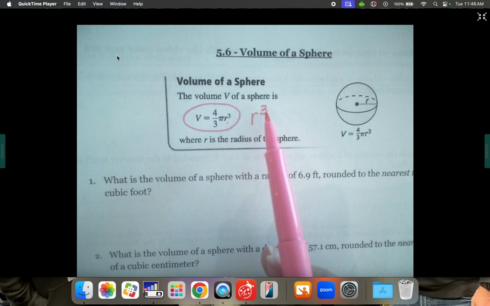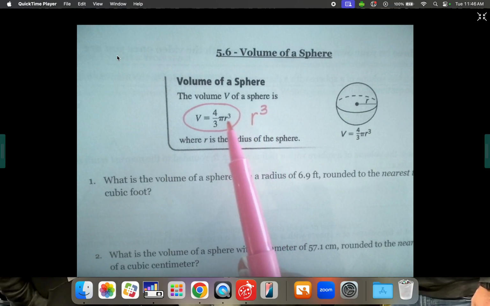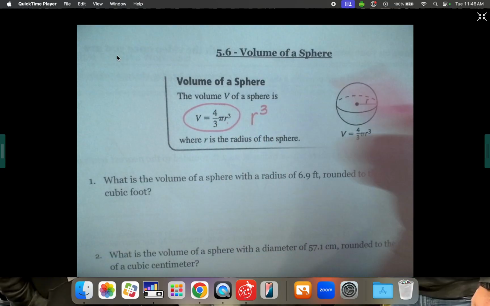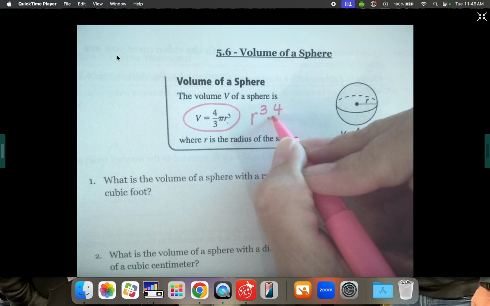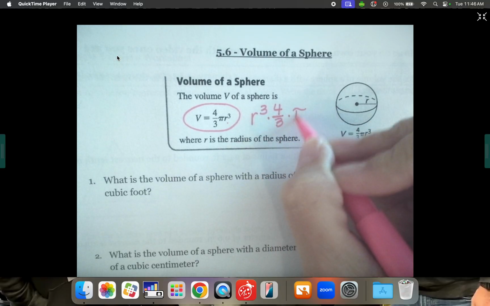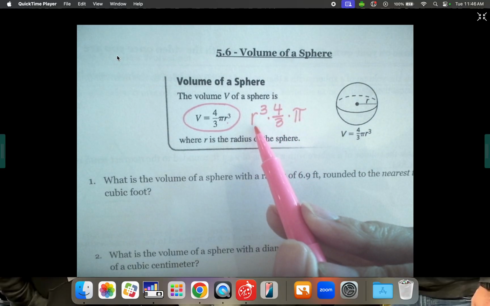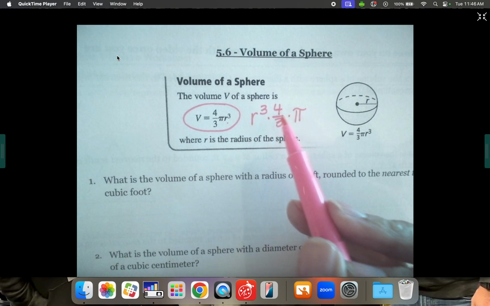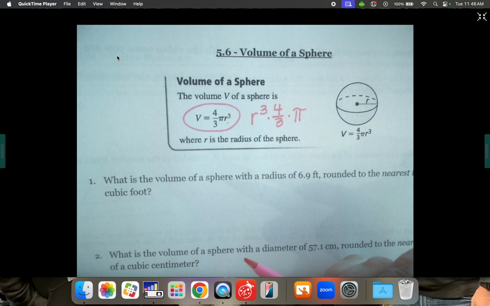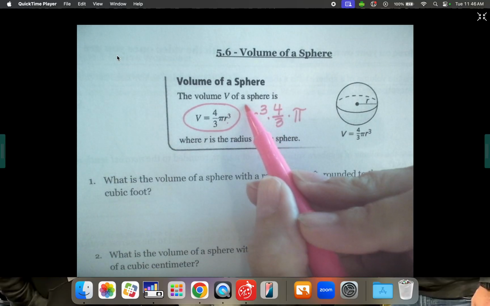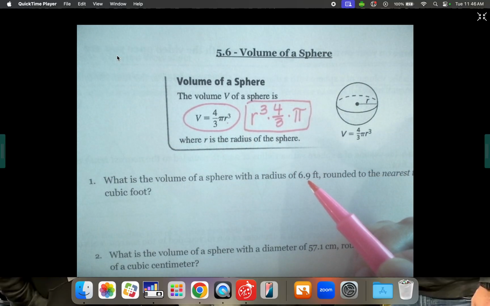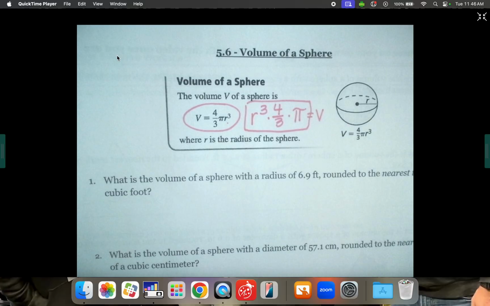All we want cubed is the radius, and then we want to multiply it by 4/3 and by pi. So the order of these two doesn't matter, but you do only want to cube the radius, not this whole thing all 3 times. That would be a way big wrong number. So this is the formula I'm going to use to find the volume of a sphere.